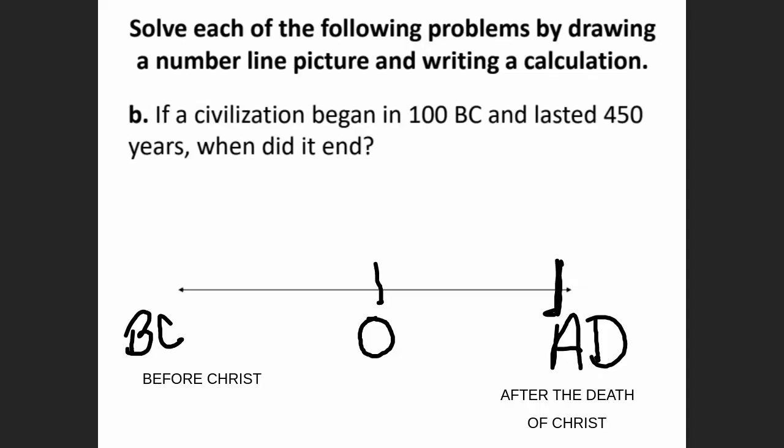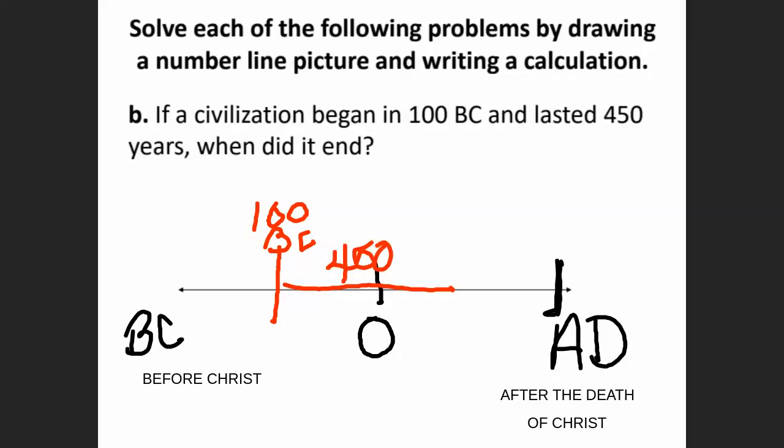Well, in this case, if a civilization began in 100 BC, that's right here. This is 100 BC, and lasted 450 years. That means we go this way.